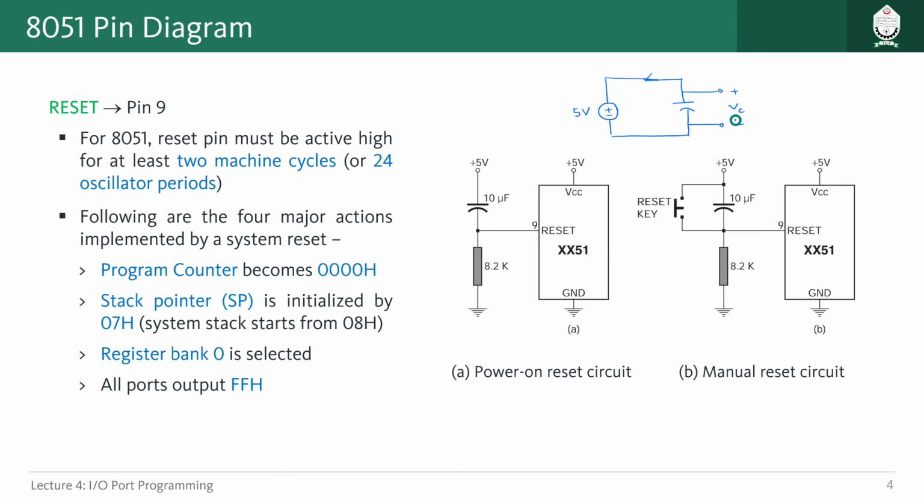Afterwards charges will flow through this path, and it will get charged and charged, and at the final condition, when we reach equilibrium, VC will be equal to 5 volt, and at that moment no current will flow in this path, and the capacitor is fully charged. This capacitor can be considered as open, but the voltage difference between these two plates will be 5 volt, right?